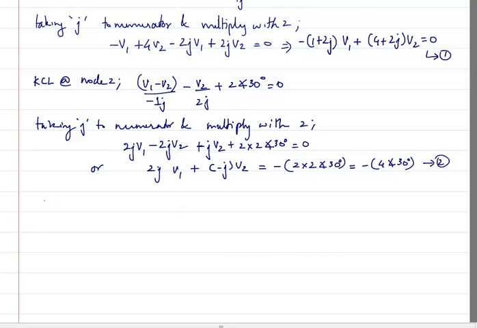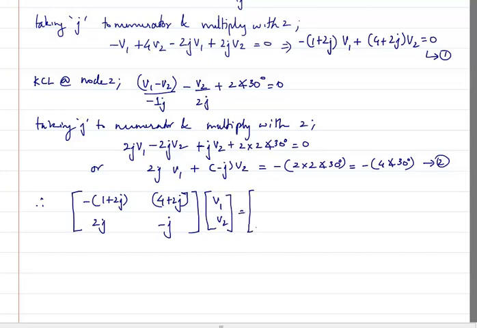So this is going to be my second equation. Now in matrix format, I can write: the first row is minus of (1 plus 2j) and (4 plus 2j), and the second row will be 2j and minus j, and this will be multiplied by V1 V2, and that is going to be equal to 0 and minus of 4 angle 30 degrees.